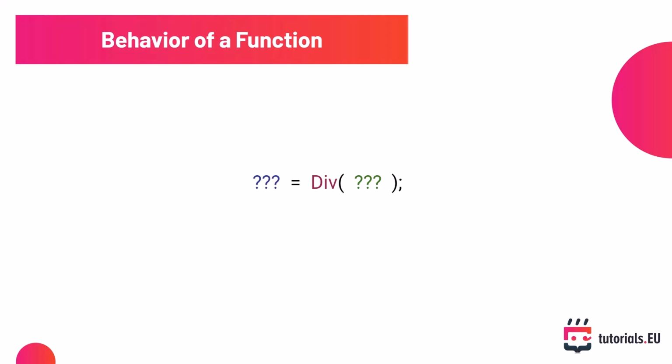Before starting to write the body of the function, you should consider what parameters the client should pass to it and what the division function would return to the clients in turn. For example, 4 divided by 2 should be 2. This is a behavior that all clients expect from the div function. This expectation is a test scenario.